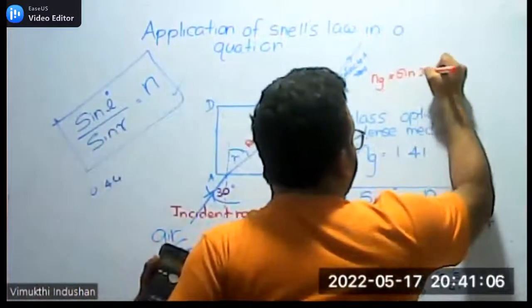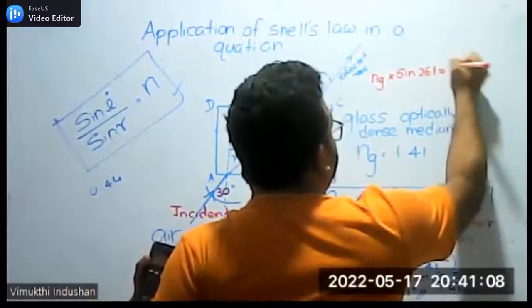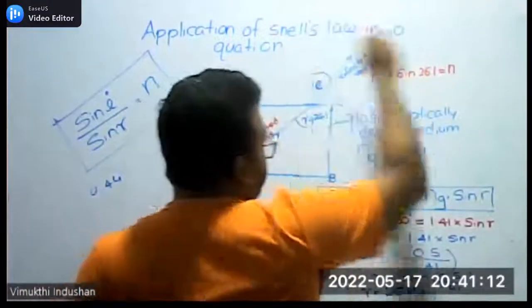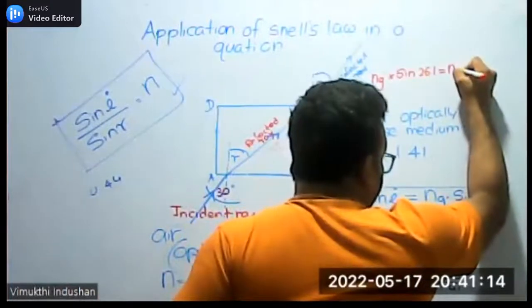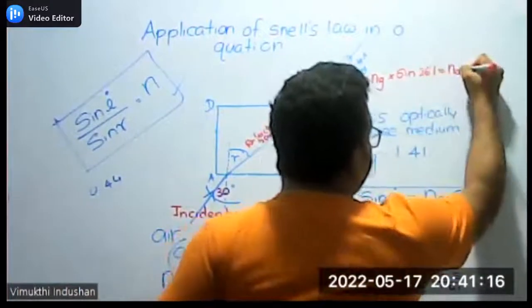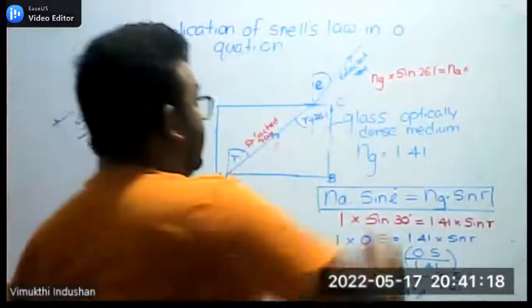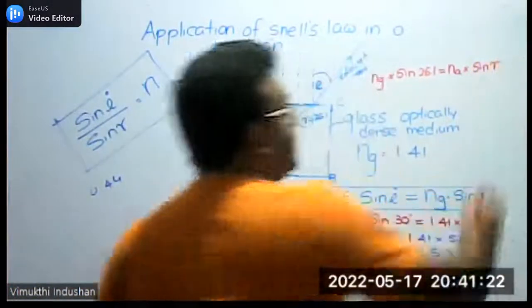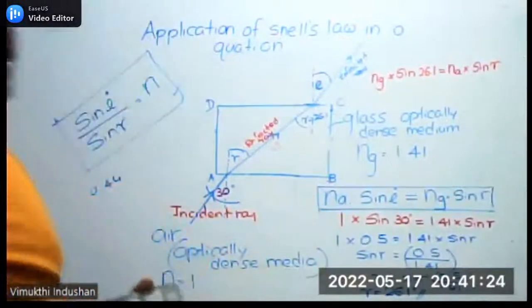So sine of 26.1 should equal the refractive index of the second medium. I'm going to air, so the refractive index of air multiplied by the sine of the refracted angle.